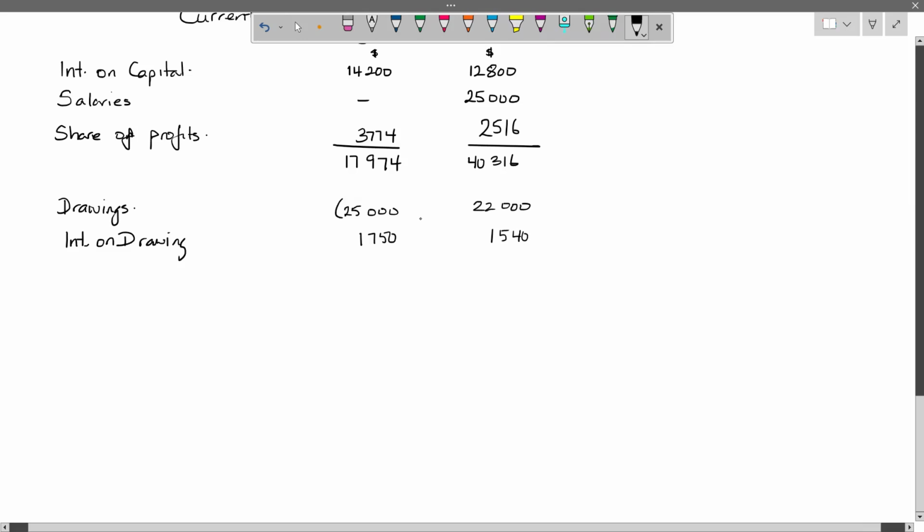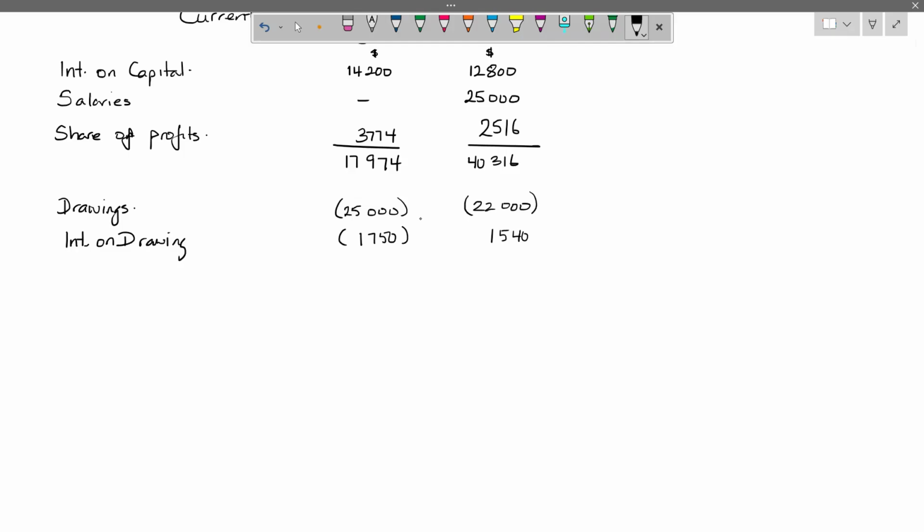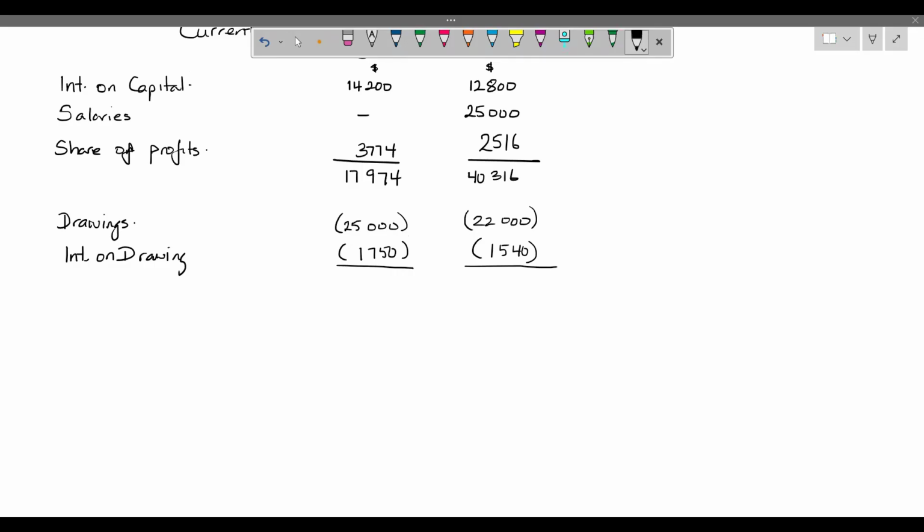Now these are all negative figures, so I'm using brackets to signify that. Right, so grabbing the calculator again, we're doing 17,974 minus 25,000 minus 1750. Negative 8776.